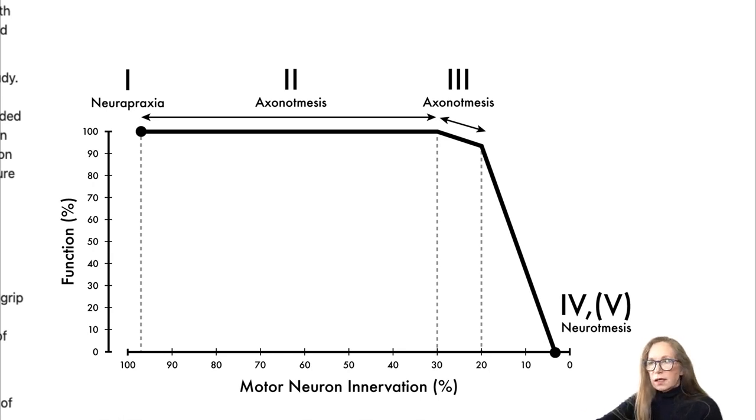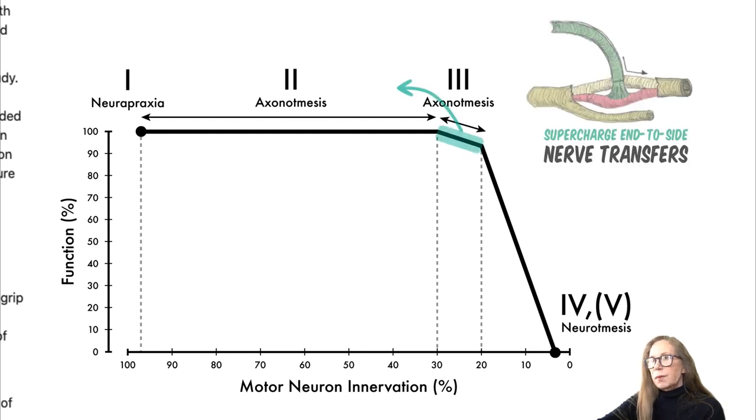The neurapraxia and the axonotmetic 2 favorable, they don't need any operation. But it's this axonotmetic 3 where you can use this supercharge end-to-side in order to try to help push that recovery. And then the more serious injuries, as we talked about, the other different options for nerve repair, graft and nerve transfer and tendon transfer.